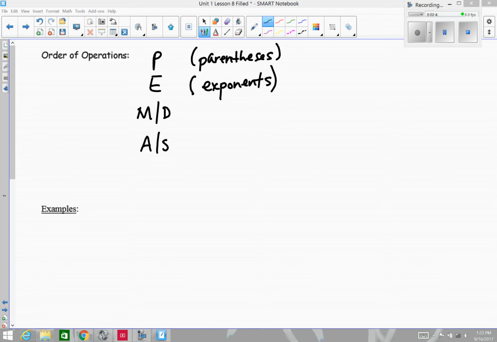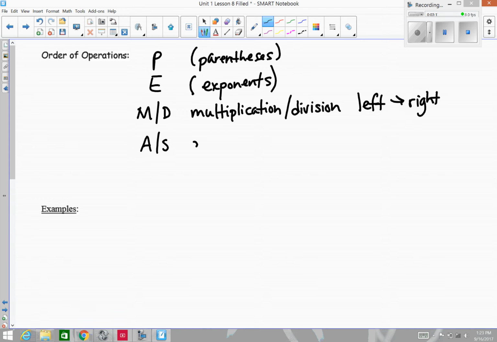The M and the D I've written together because they have equal priority. That would be multiplication and division. And they have equal priority, as I said, which means I want to do either one of those, whichever comes first, when I look at it from the left proceeding to the right.